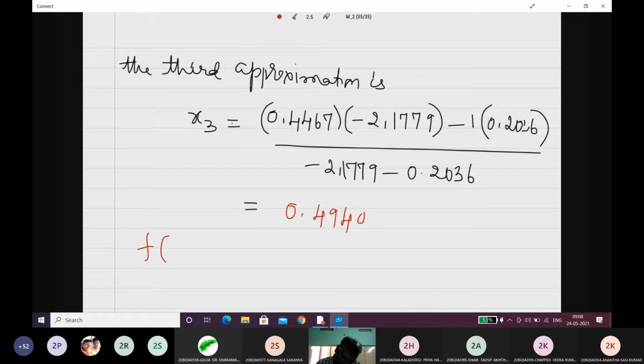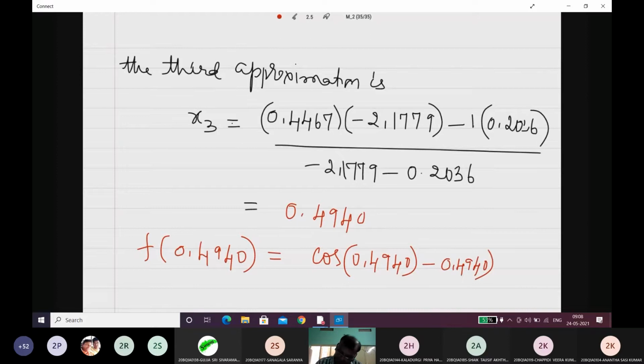Now f of 0.4940, that is equal to cos of 0.4940 minus 0.4940 into e power 0.4940.